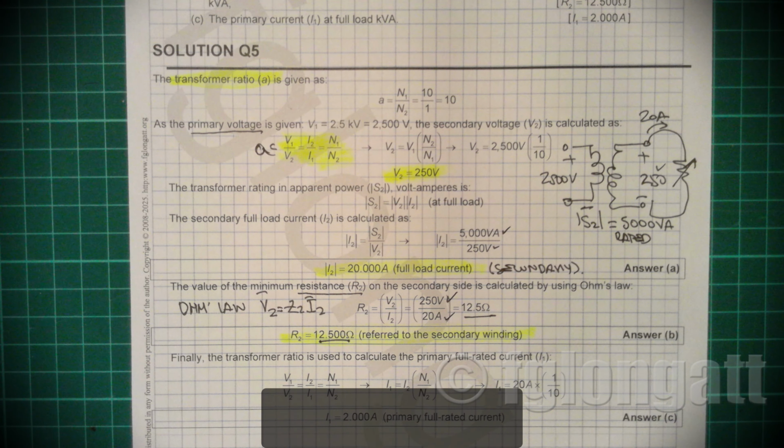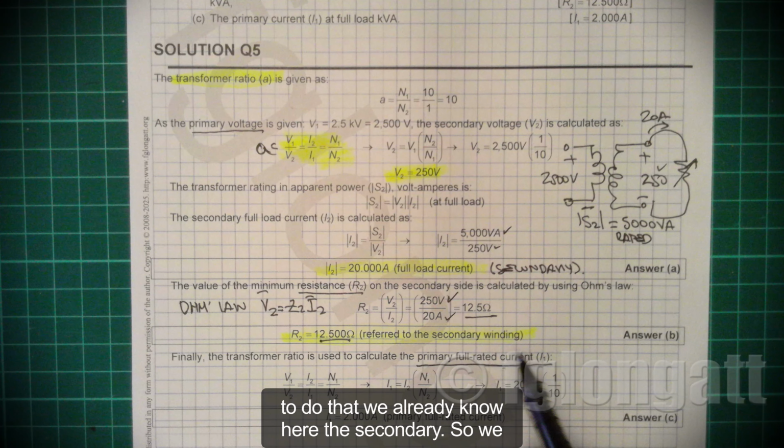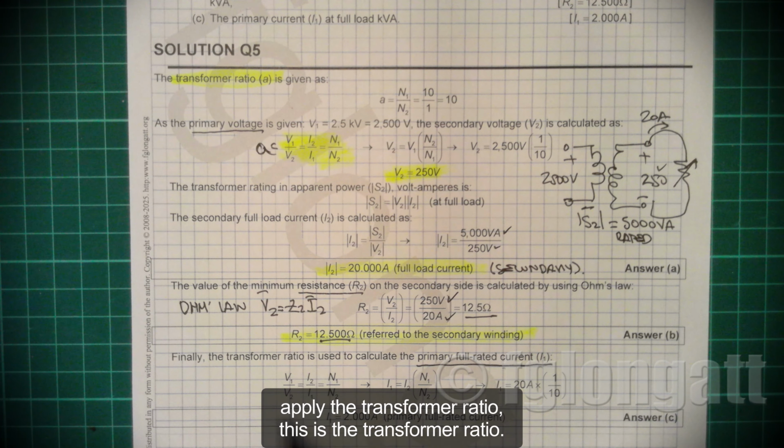Final question, and very simple, is to calculate the primary full load current. To do that, we already know the secondary current, so we apply the transformer ratio.